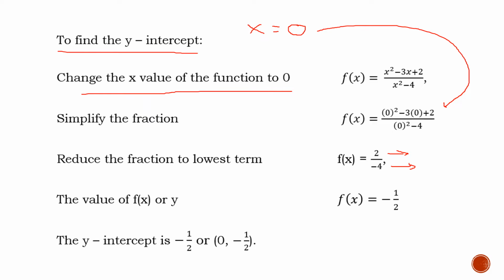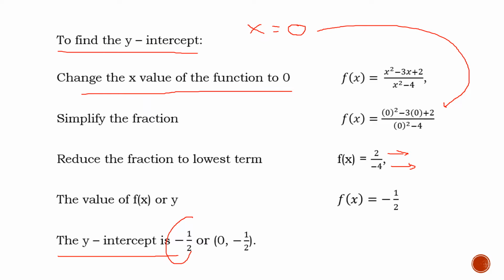Because if we divide positive 2 by negative 4, it's negative 1 half. So we just simply look for the value in lowest terms, then we apply the necessary sign. Now, the y-intercept is equal to negative 1 half.